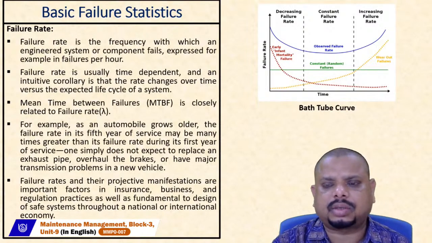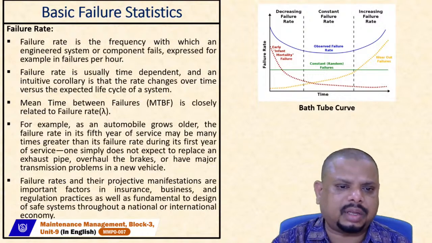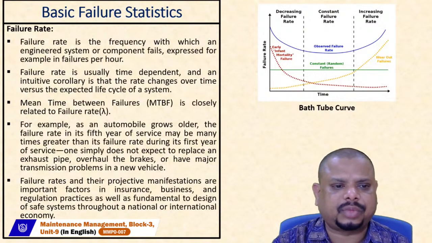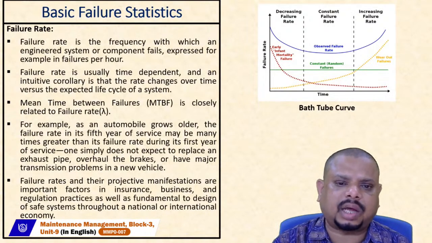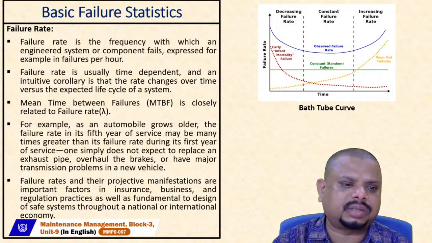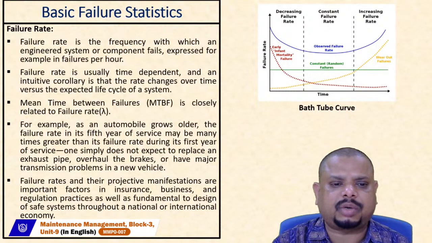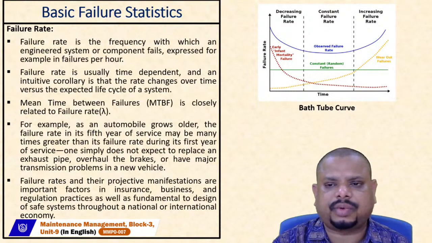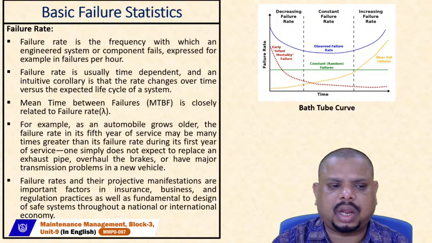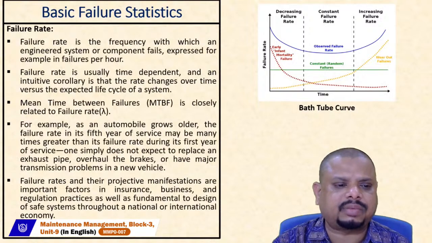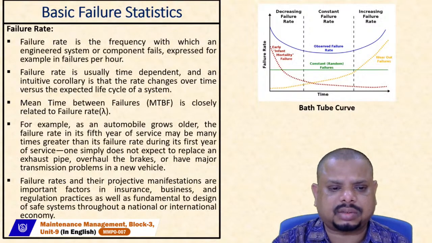So whenever failures occur in a time-dependent manner, that changes the expected life of the system. That means the system consists of a large number of machines, equipment, and tools. The time between failures is closely related to the failure rate, which is denoted as lambda. Let's take the example of an automobile. As automobiles grow older, the failure rate in its fifth year of service may be many times greater than its failure rate during the first year.